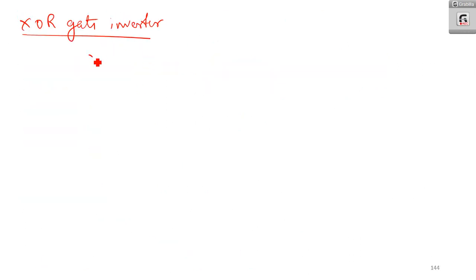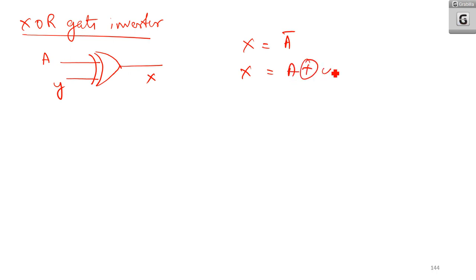You should use it in two forms. You have A and Y, and you will get X. So you should get X equal to A bar. Here X is equal to A XOR Y.